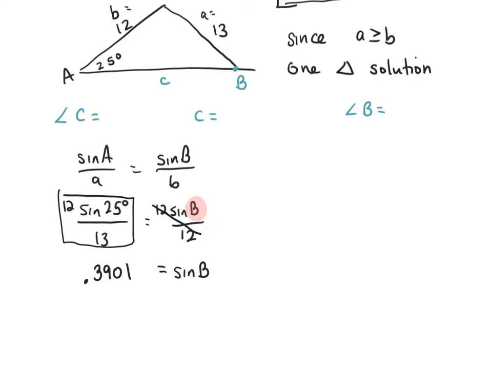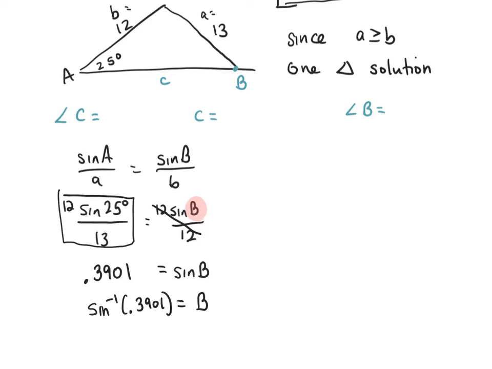So now we have a statement that says the sine of angle B is equal to 0.3901. Well, the problem is that B is inside the sine, so we have to basically get rid of the sine. The way we find the angle, if we're given a ratio, is we use what's called the inverse sine. So to find angle B, we will take the inverse sine, which is just a sine with a little -1 on it.